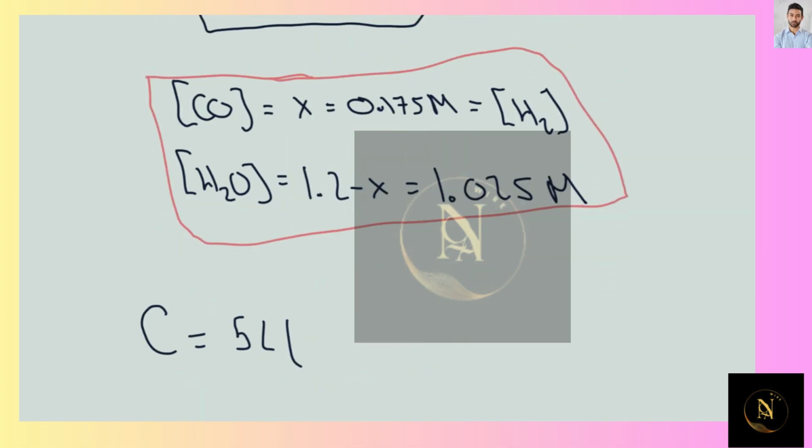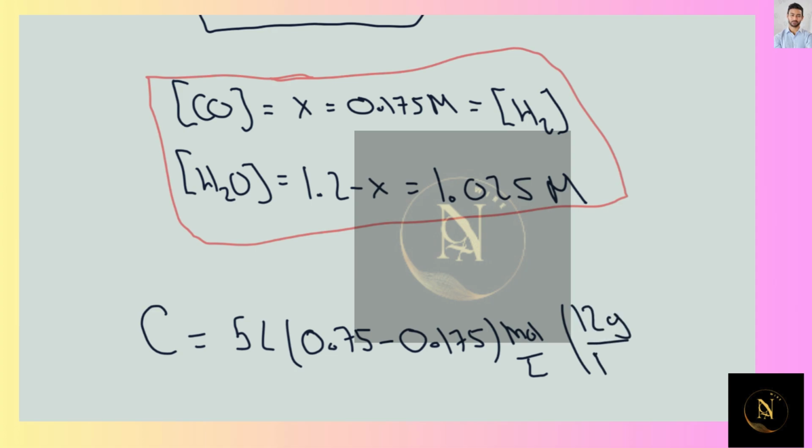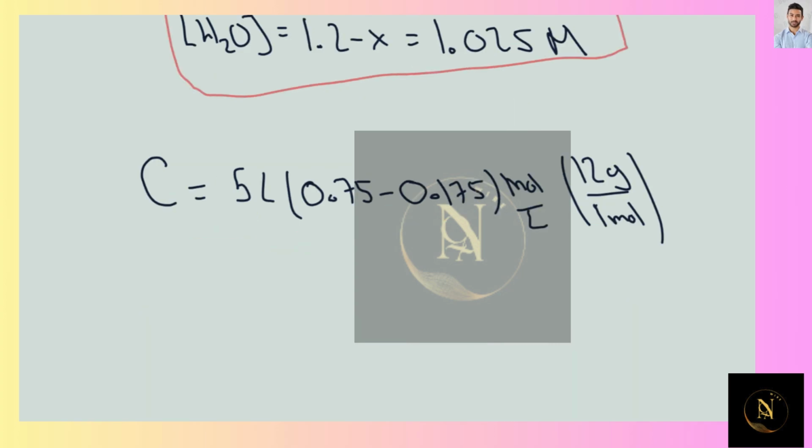So 0.75 minus 0.175. This is mole per liter. And we are going to convert this employing the molar mass, which is 12 grams per mole. As you can see, the units are going to cancel out, and the result will be equal to 34.5 grams of carbon left in the container. So that would be all.